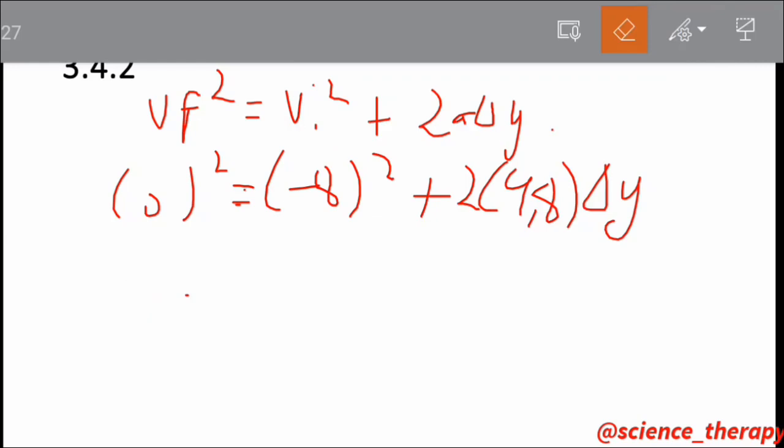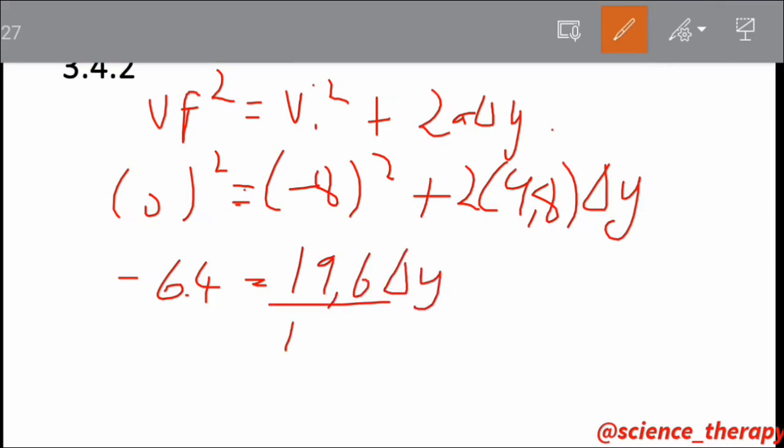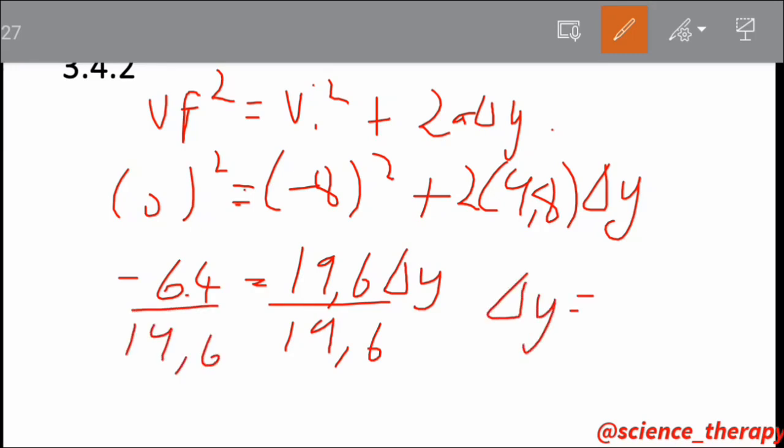Okay, let's just calculate. For this one, we have positive 64. When we transpose it to this side, it's negative 64. Then 2 times 9.8, we have 19.6 delta y. Then let's divide both sides by 19.6. We expect our delta y to be negative because now we are going against our chosen direction of motion.